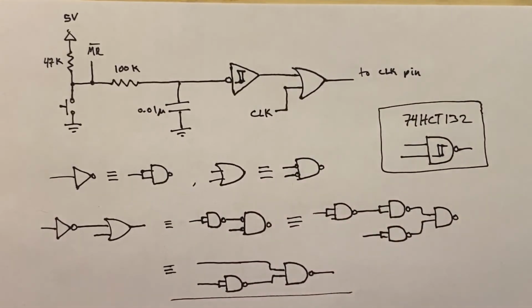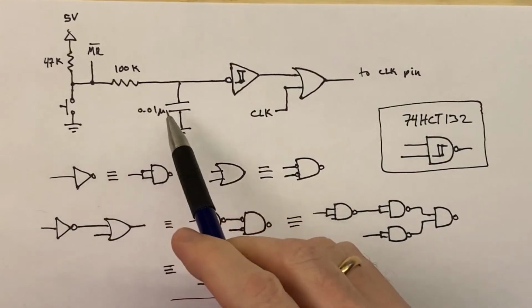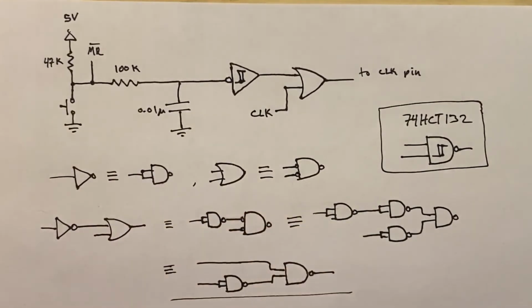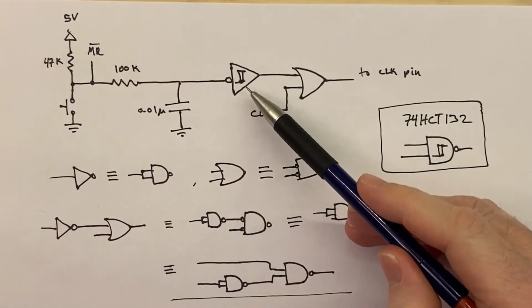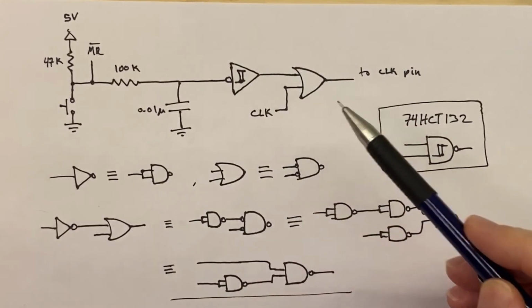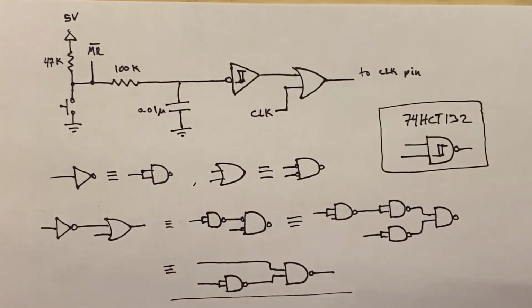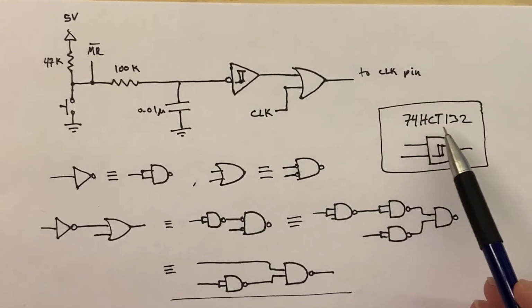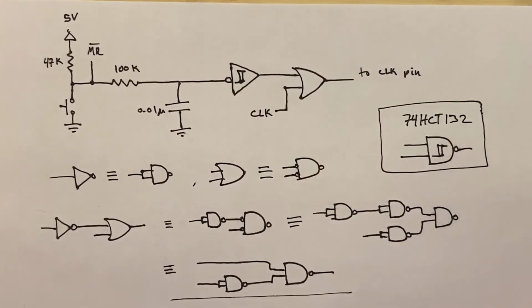And so apart from the resistor and capacitor, we're going to need a Schmitt trigger NOT gate and an OR gate. Now, instead of using 2 different chips just for 1 gate each, I can save a bit of space on the breadboard by using a 74HCT132 chip.